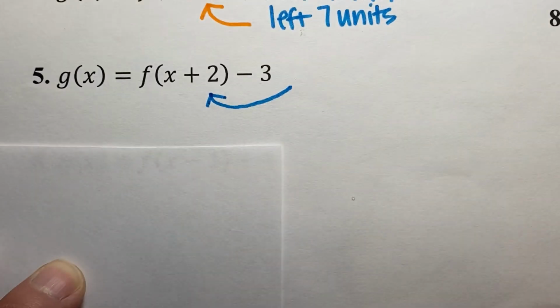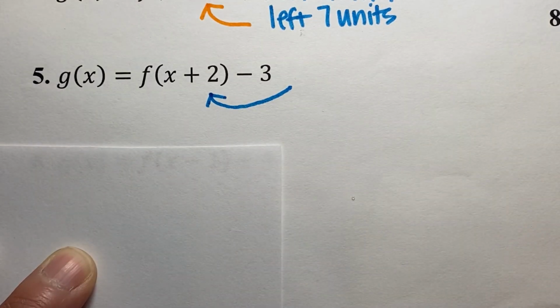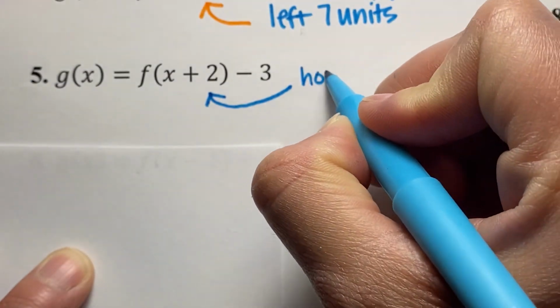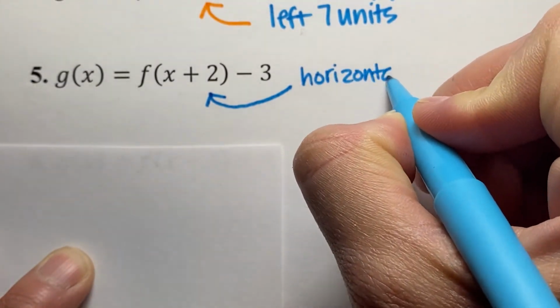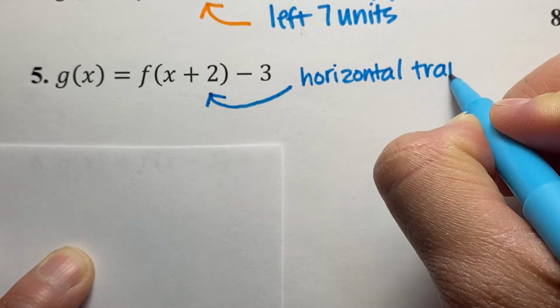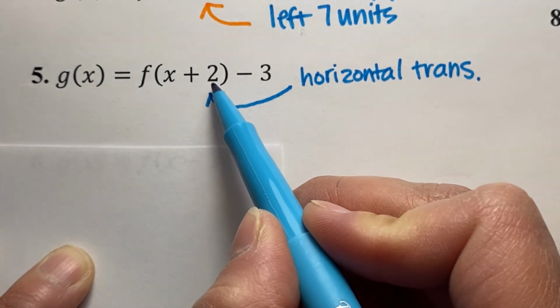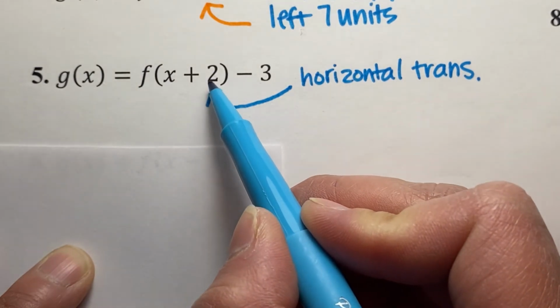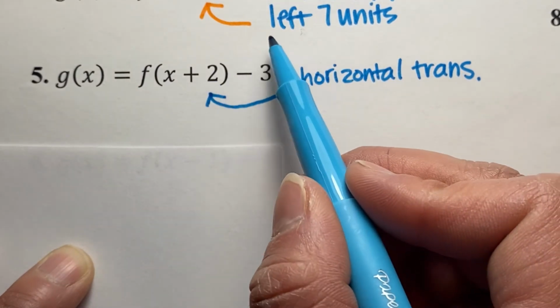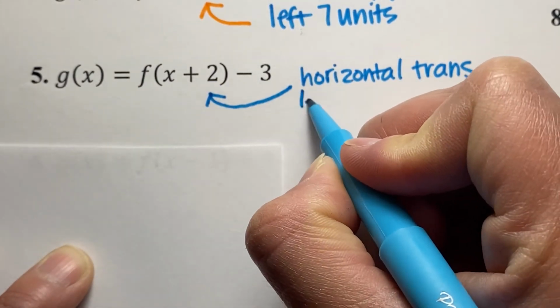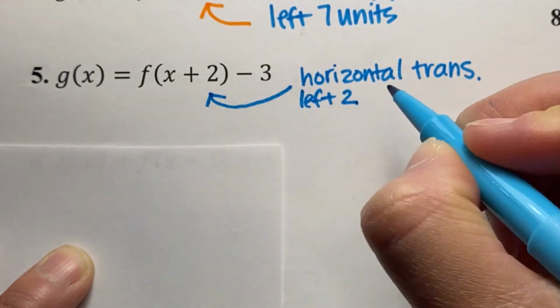The plus 2 on the inside tells me it's a horizontal translation left or right. And because it's on the inside and it says plus 2, I'm moving the opposite. So if it's plus 2, I'm moving left 2. So left 2 units.